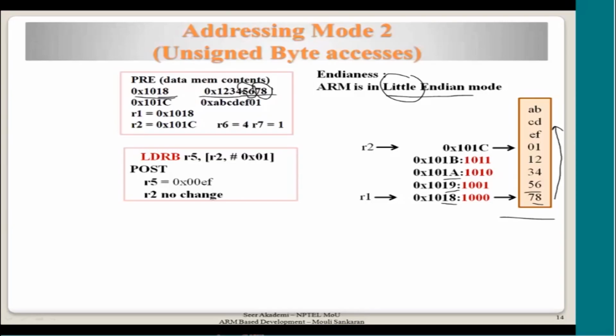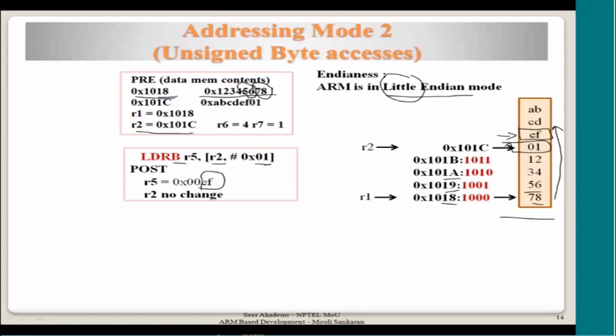Now if you are interested in accessing a byte, you have to say which byte. In this case, R2 is pointing to this address, and then you are saying +1. That means you are interested in a byte access, so only the one byte stored here is accessed and moved into the register.